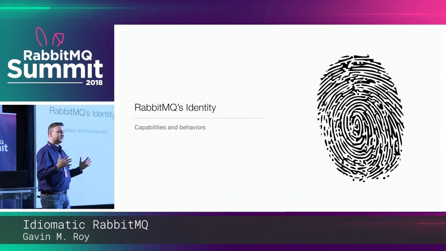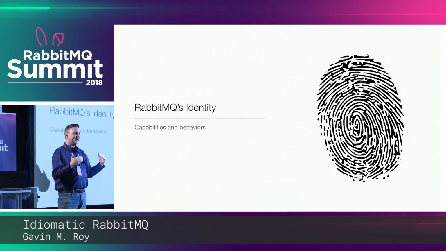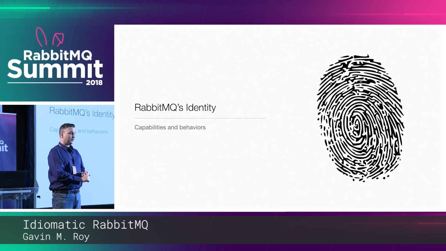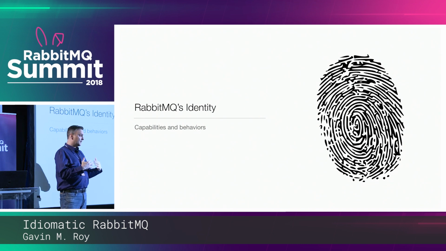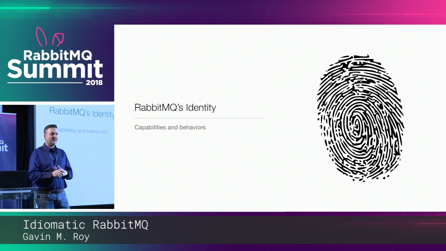AMQP itself is a low-level protocol. That's like the framing on the wire, how data gets marshaled and unmarshaled. It's also the classes and methods around how that low-level data says what it's doing or what it wants. And then it's the model of the data as it exists in RabbitMQ.